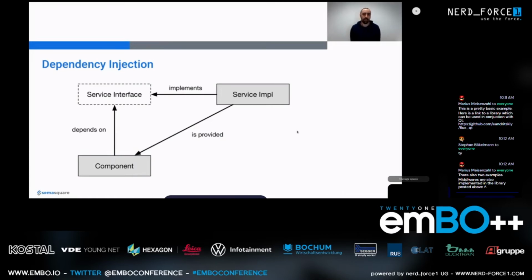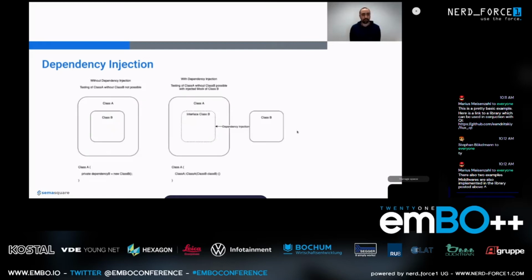Second, one or more implementations will then implement the logic of the interface. And the logic is then provided by one implementation to the component. For this to work, you need to create interfaces for all classes through abstract classes. This leads to some boilerplate code, but the effort is worth it, as you can also simplify testing considerably in this way.